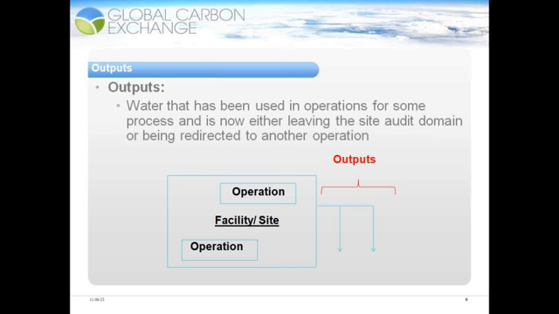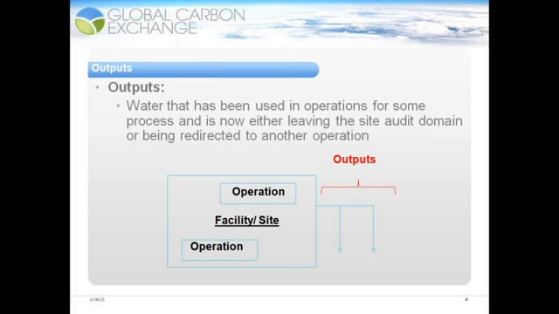Some other examples, if you are a farm and you are irrigating your crops or you have a garden, some of the water leaving the irrigation system has two possible outputs. One being some of the water seeps through the ground into the groundwater tables or the aquifers beneath it, or another potential reason could be evaporation.